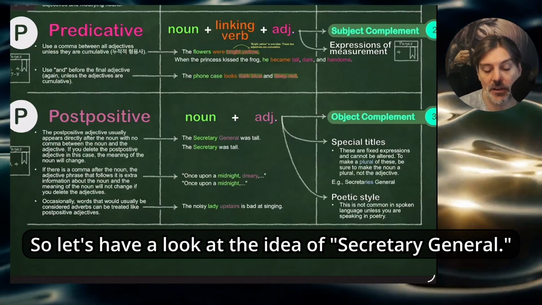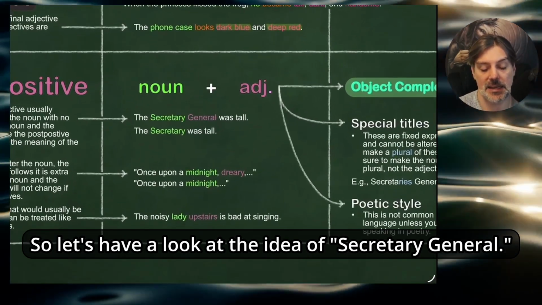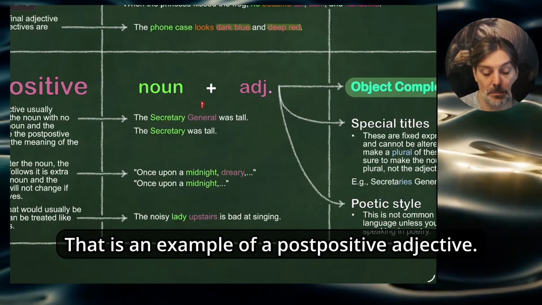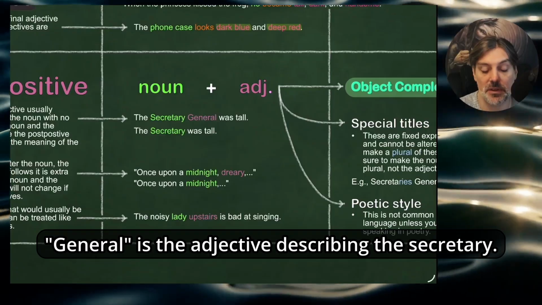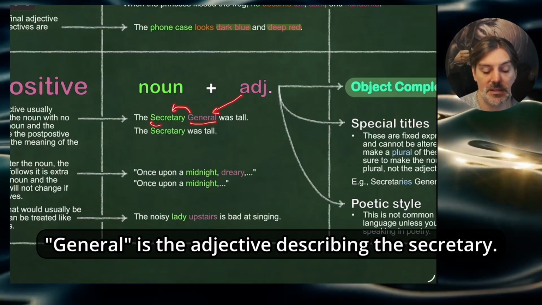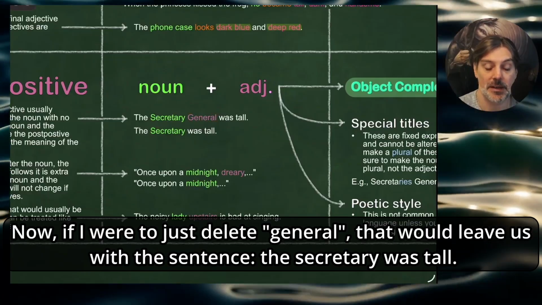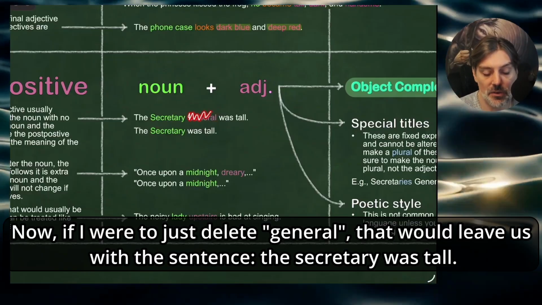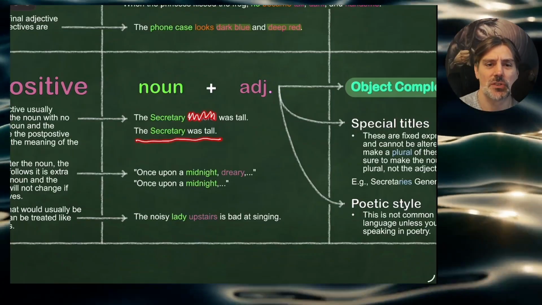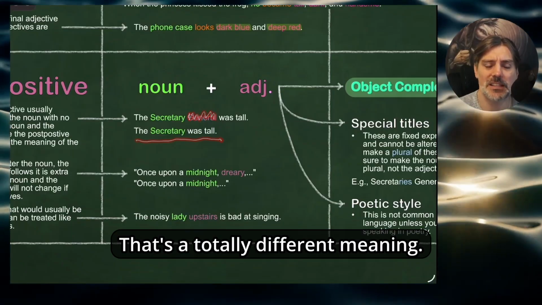So let's have a look at the idea of Secretary General. That is an example of a postpositive adjective. General is the adjective describing the secretary, or the type of secretary. Now, if I were to just delete general, that would leave us with the sentence, the secretary was tall. That's a totally different meaning.